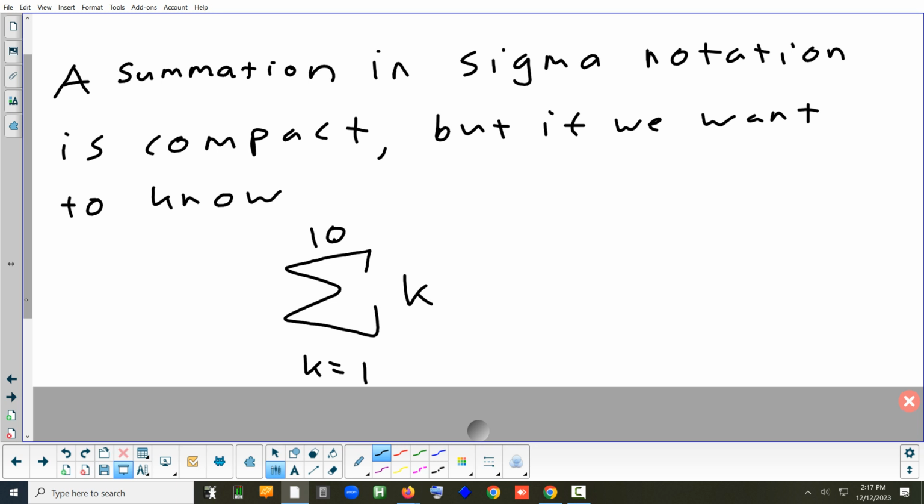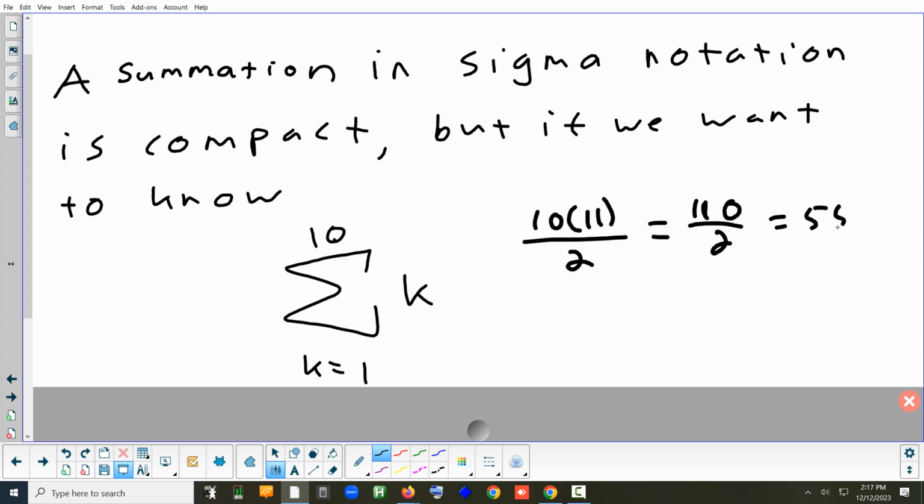Or, if you know this formula, that's what every number from 1 to 10 adds up to. 1 plus 2 plus 3 all the way up to plus 10 adds up to 55.